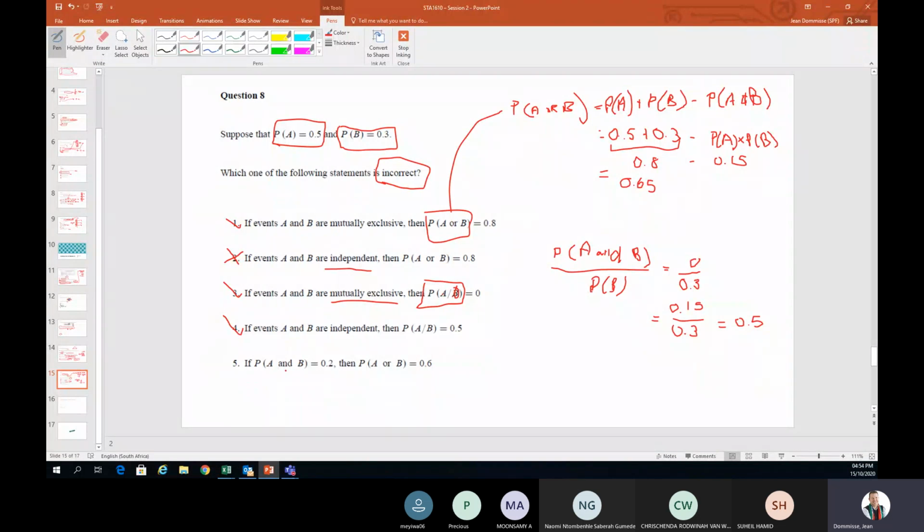Okay, and this one was if probability of A and B is that. Then we still know the probability of A plus the probability of B is 0.8 minus the probability that they give us, that is 0.2, and that would then give us 0.6. Okay, so that one would have been correct as well. So the one that is incorrect is the independent one.